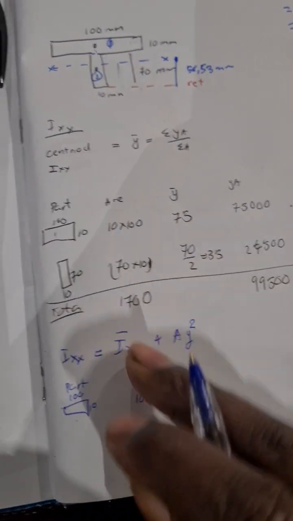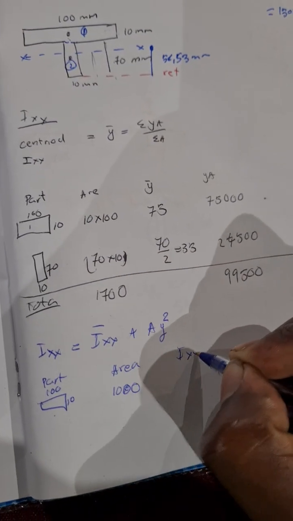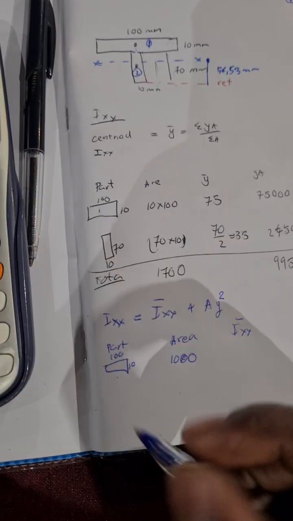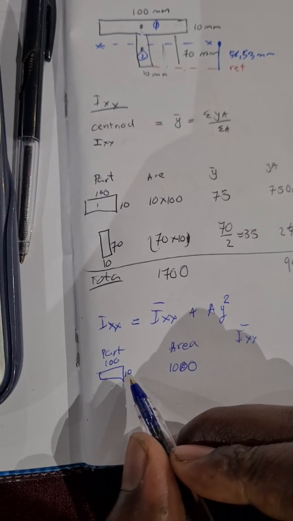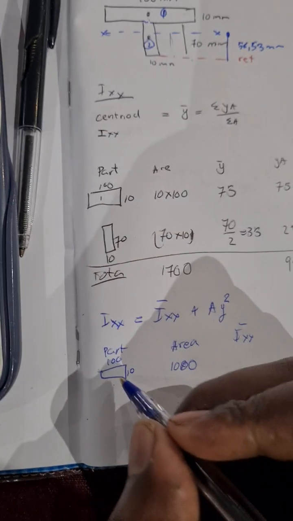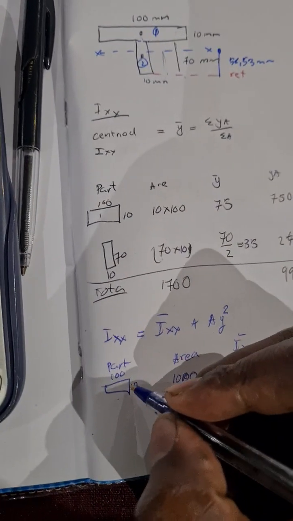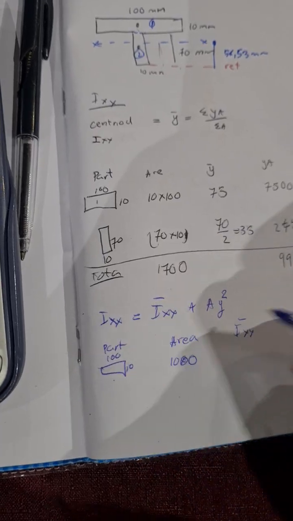What else do we need? IXX bar. So what is the IXX bar of this one? It's easy, people. There are no references, you just need an IXX bar. So which one do we cube? Obviously we cube the length.